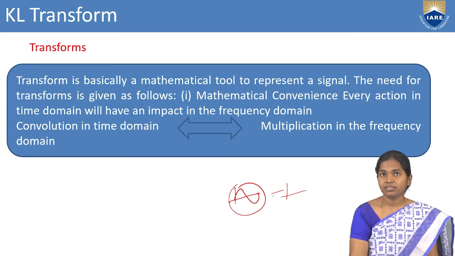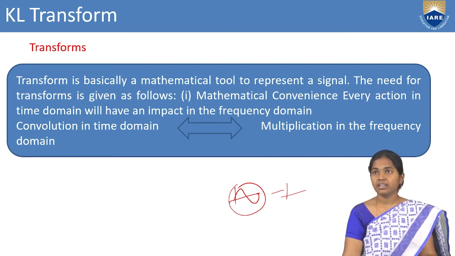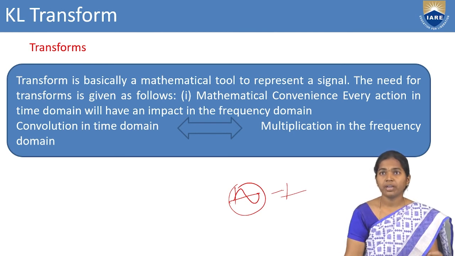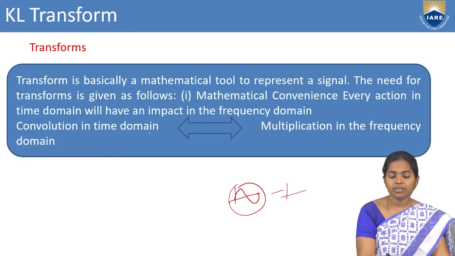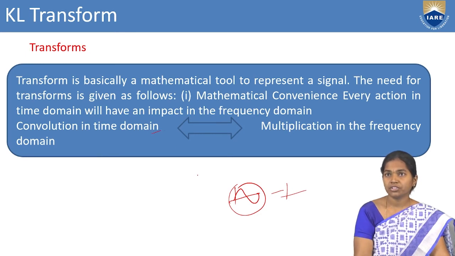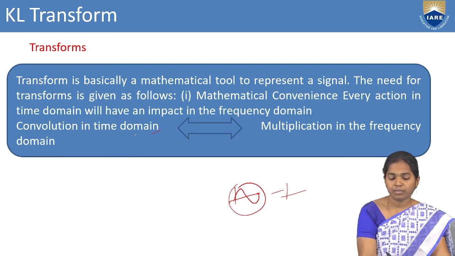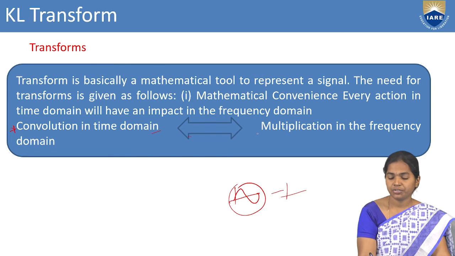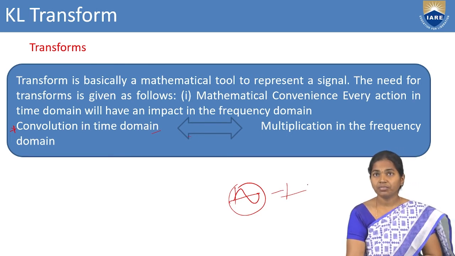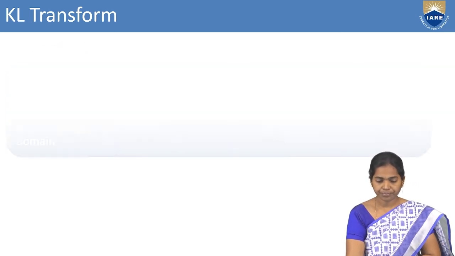So the need for transform is given as follows: mathematical covariance. Every action in the time domain will have an impact in the frequency domain. Here, convolution in the time domain becomes multiplication in the frequency domain. So convolution in the time domain can be changed into multiplication in the frequency domain.